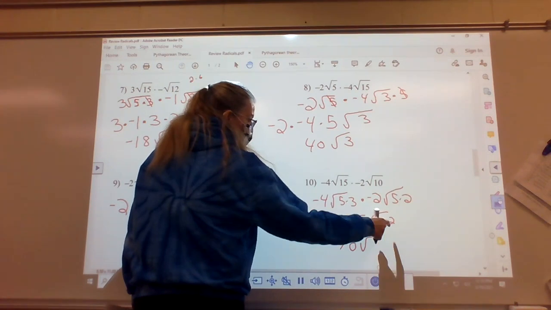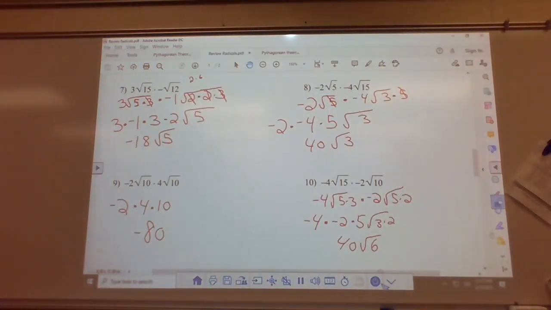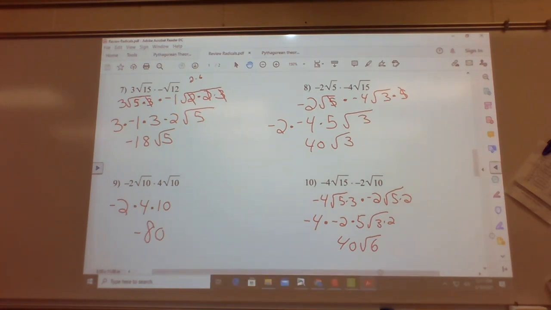Radical, 3 times 2, 6. So that's kind of the key idea when you're multiplying radicals. Multiplying is basically the same thing as simplifying a radical. I just want to pull out everything that I can possibly pull out. Are we okay on the front? Yeah. Moving to the back.